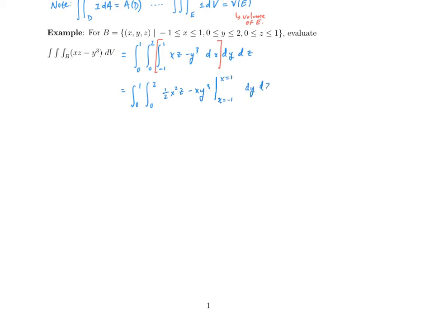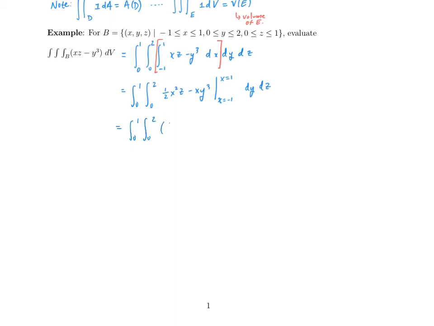And similar to our earlier discussion, I always recommend writing specifically which variable you are substituting into, because now that there are 3 variables, it's even easier to make a silly mistake that we wouldn't want to. So we replace each x with a 1, and then minus sign, replace it with a -1.